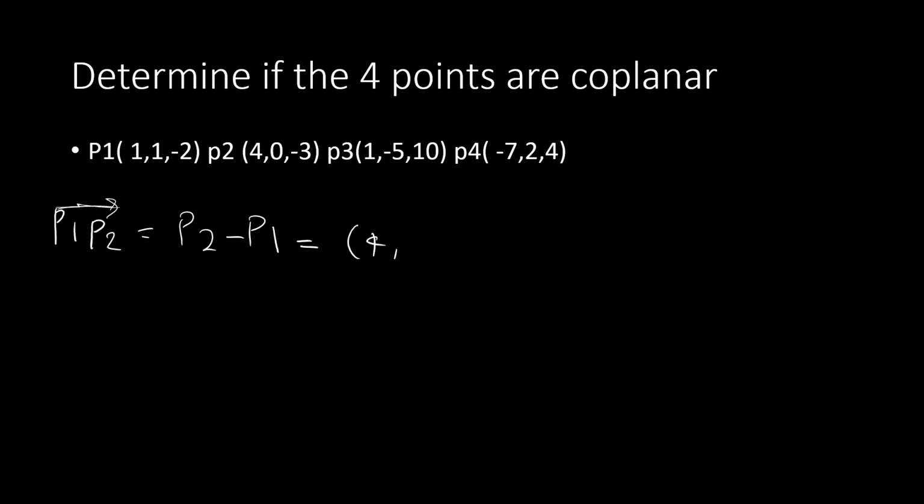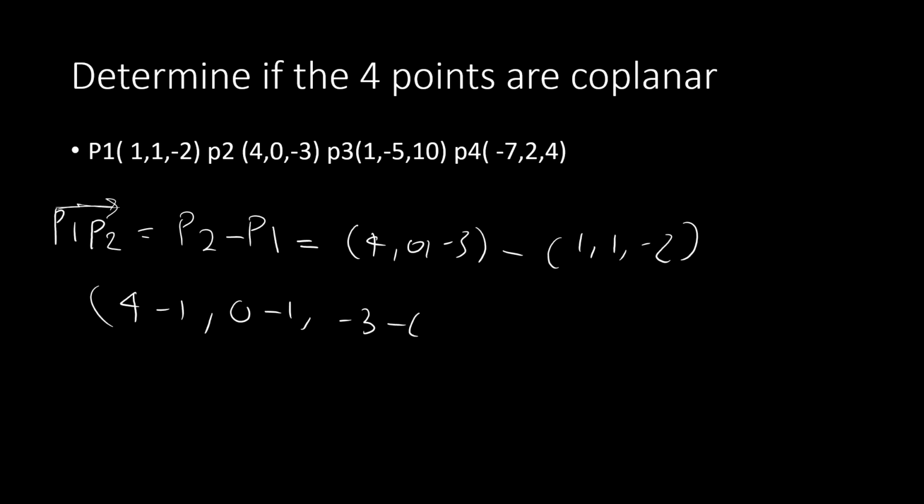Point 2 is 4, 0, -3, minus 1, 1, -2. So we do 4 minus 1, 0 minus 1, -3 minus -2. Here we have 3, -1, and negative negative is a positive, -3 plus 2, so we have -1. So this is P1, P2.